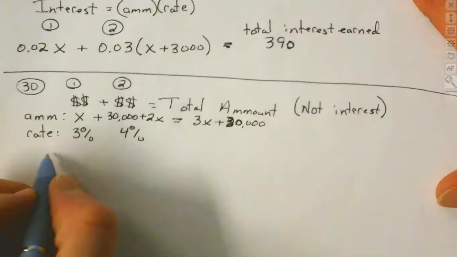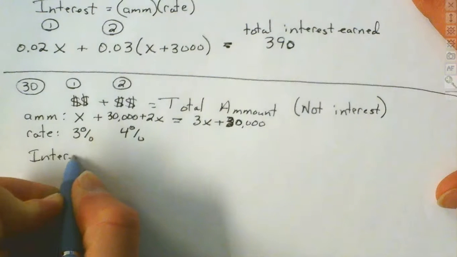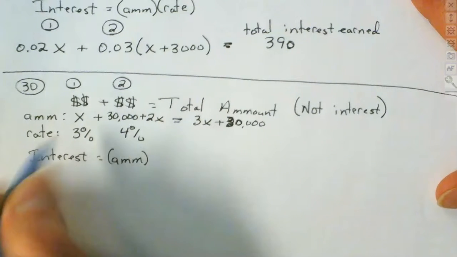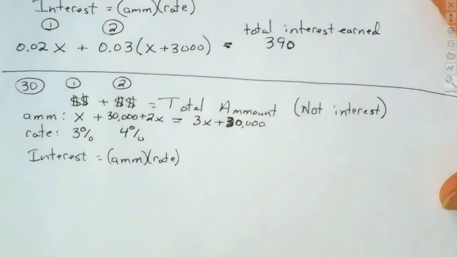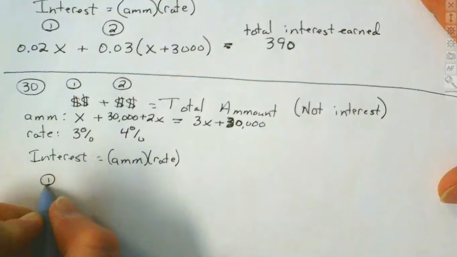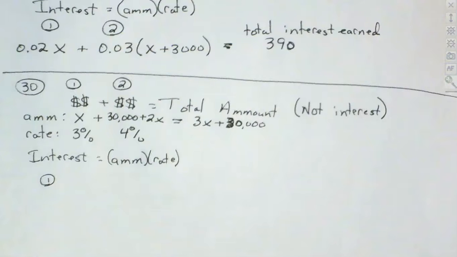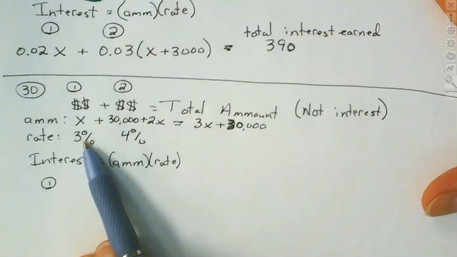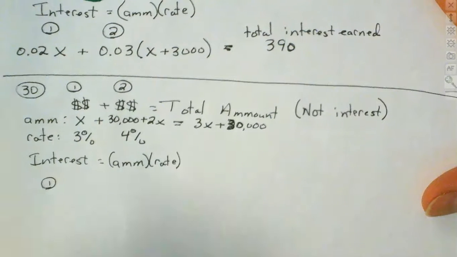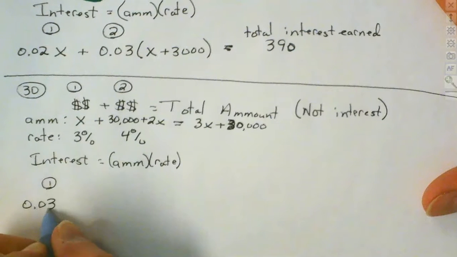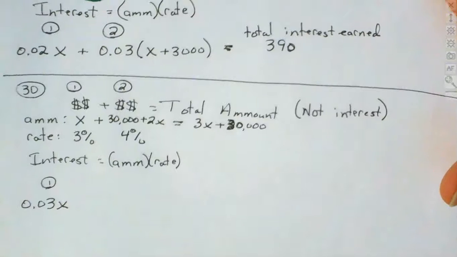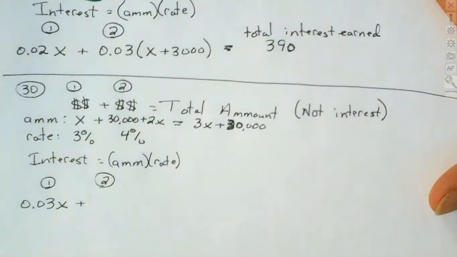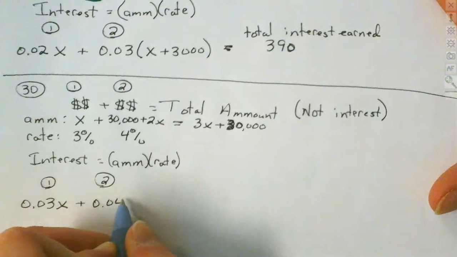So now let's look at our interest again. And interest is always the amount times the percentage rate. Okay. So what do we have first? 3%, unknown amount X. So 3%, that's 0.03, unknown amount X. Next one, 4%, so that's 0.04.